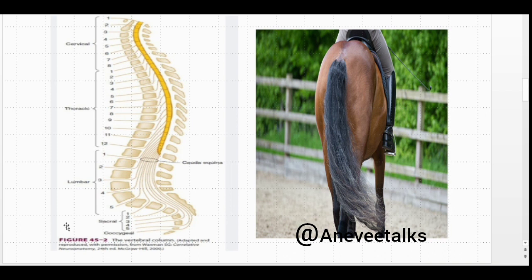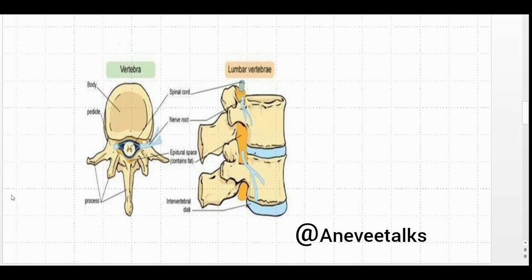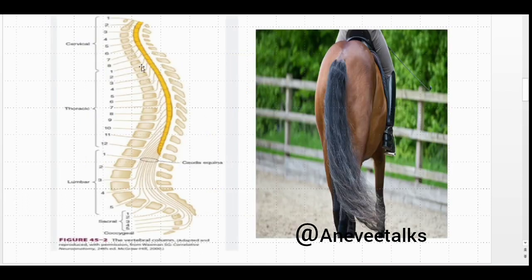From the conus medullaris, we have nerve roots arising in a bulky manner. Those are called the cauda equina, similar to a horse tail.